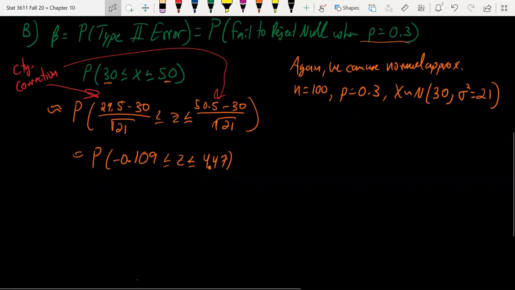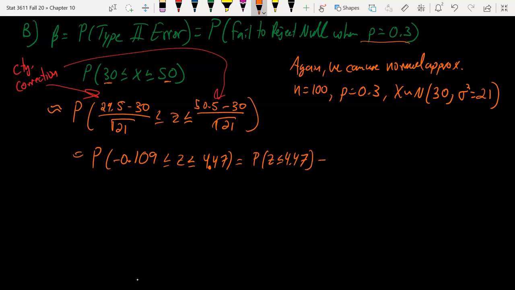So now we have this normal probability. I want to take the probability that z is less than or equal to 4.47. We get everything we want minus the probability we don't want. That would be less than negative 0.109. And this value right here, 4.47, is so many standard deviations away that it's approximately 1, right?